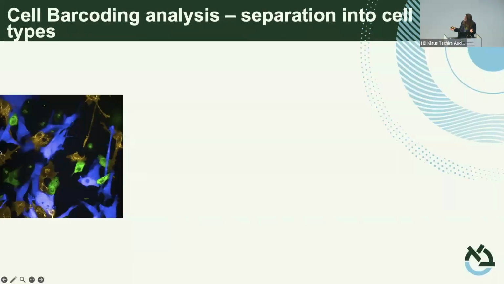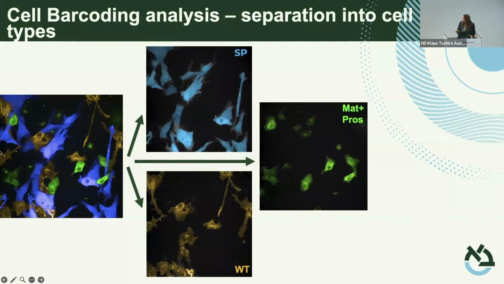So now that we are treating this entire well, we need to separate them because we want to get each of these cell types analyzed separately, individually. So what we do now is use the image analysis software, and we segment them according to the color. So we have the blue, the yellow, and the green, with 2 mutants.